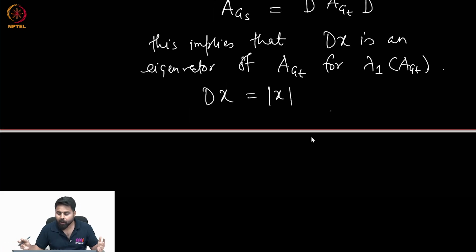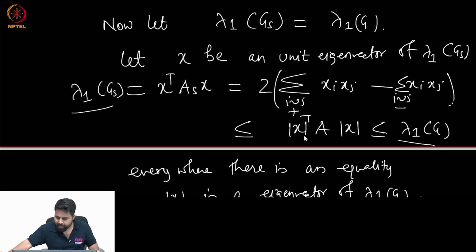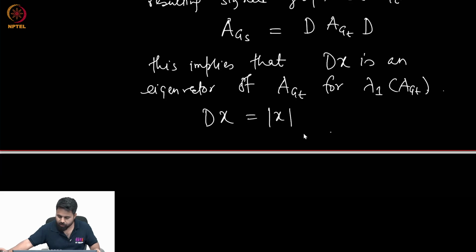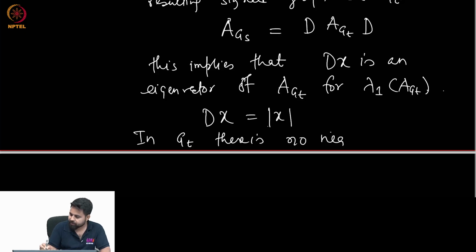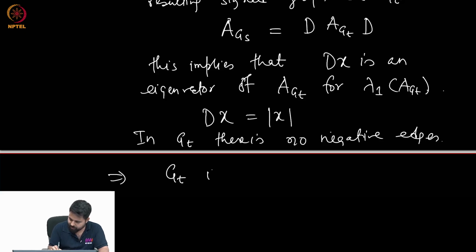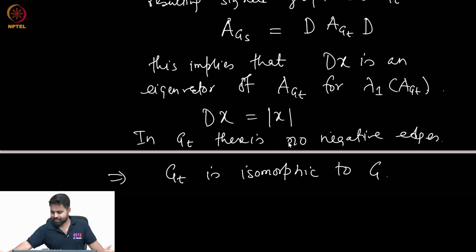Now this implies, using this theorem, that in GT there is no negative edge, otherwise this would not be positive. Which further implies that GT is isomorphic to the unsigned version, G, and G is by default balanced.